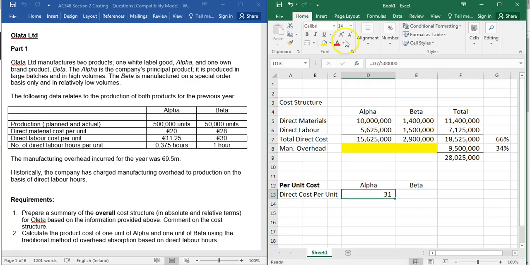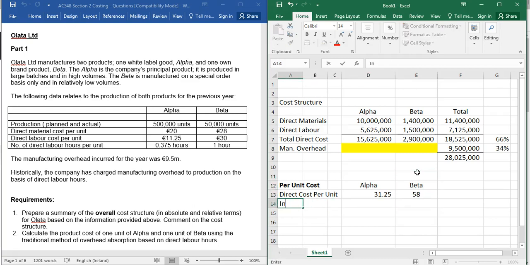And that will also get you to 31.25. So either way is acceptable, and that's fine as long as you get to the answer. Same for beta, it's going to be 28 plus 30, which is 58. And you'll also get the 58 by dividing the 2.9 million by 50,000 units, which gets you the direct cost per unit. So either way is fine.